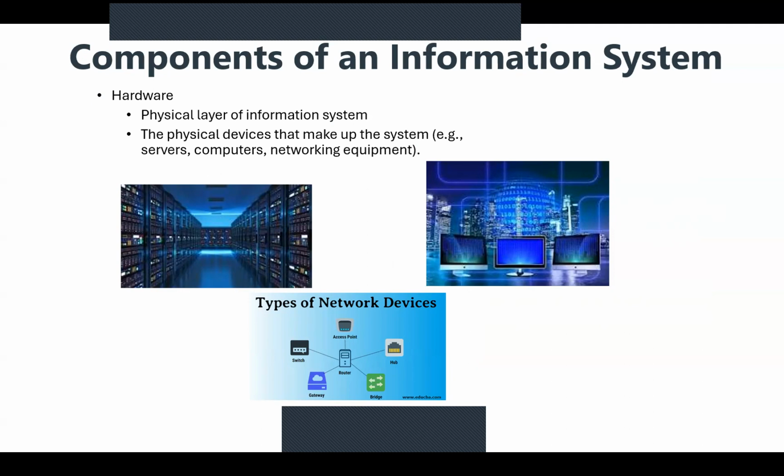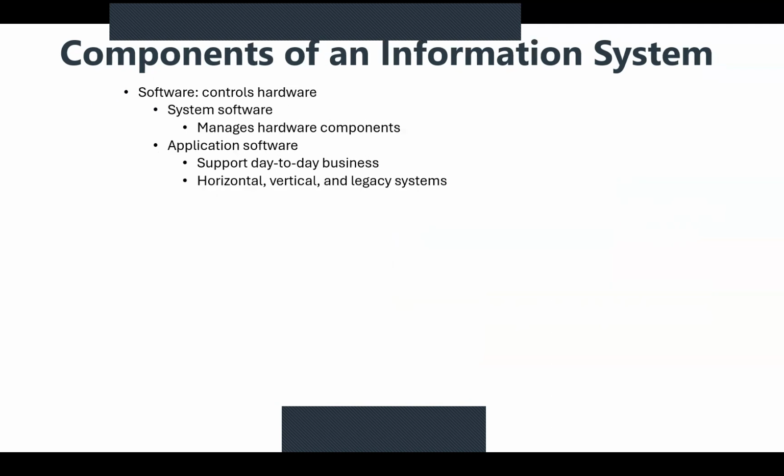If I have to talk about software, software is something that controls the hardware. We have different types of software like system software, application software, etc. System software manages hardware components, and application software supports day-to-day businesses or horizontal, vertical, and legacy systems.